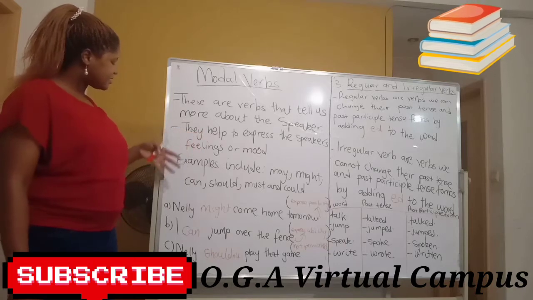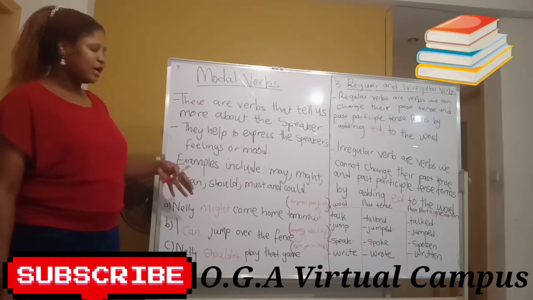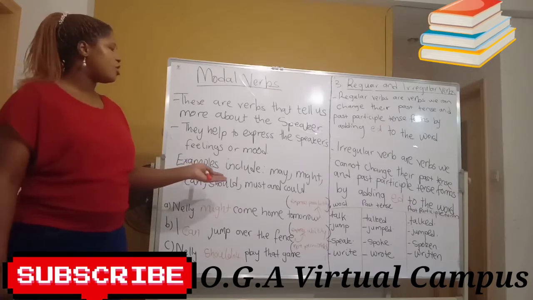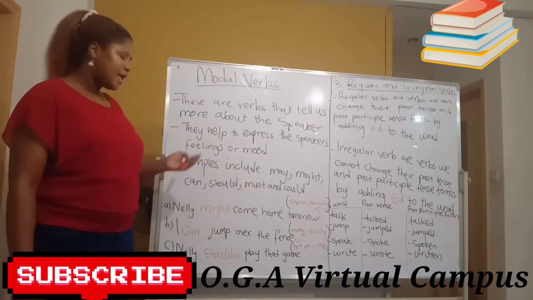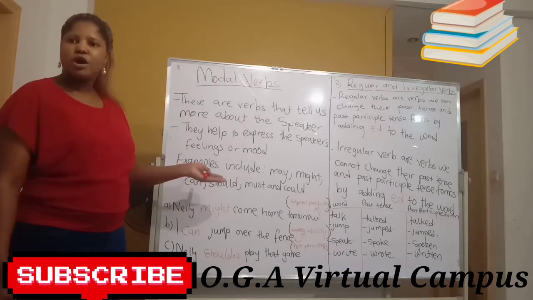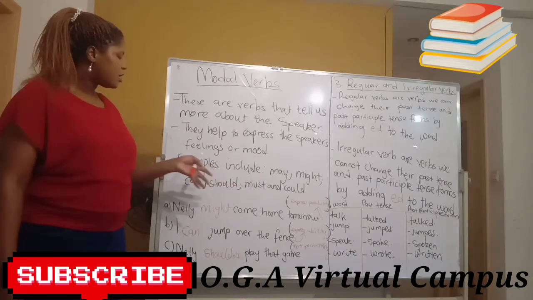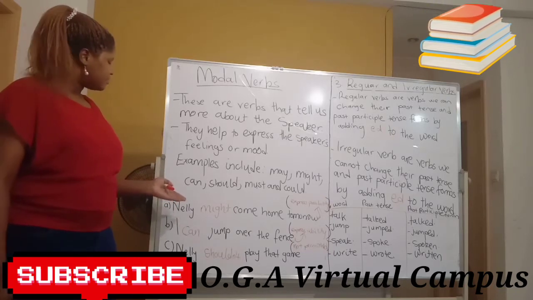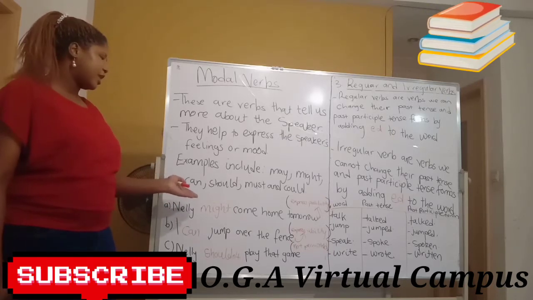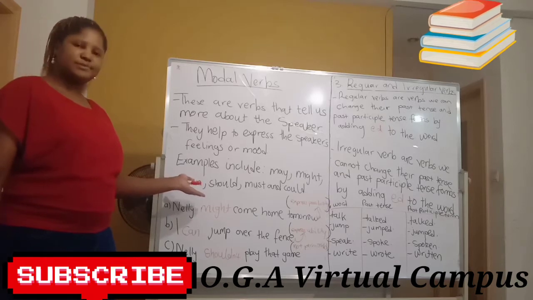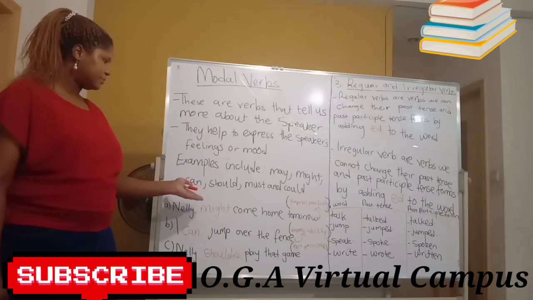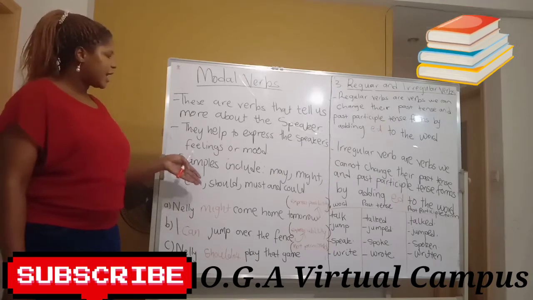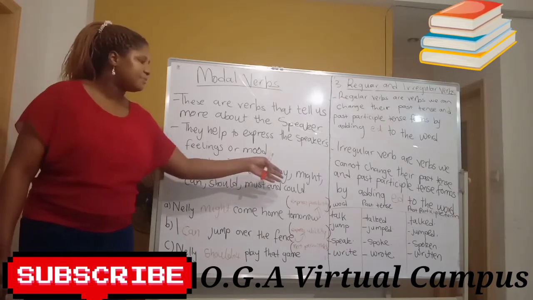The first example that I have here is: Nelly might come home tomorrow. Okay? From this sentence, we can see that the modal verb that we have here is might. And this verb helps to express the possibility.